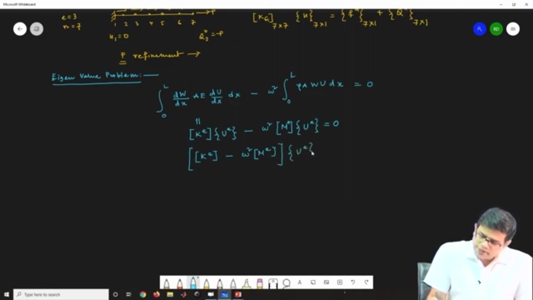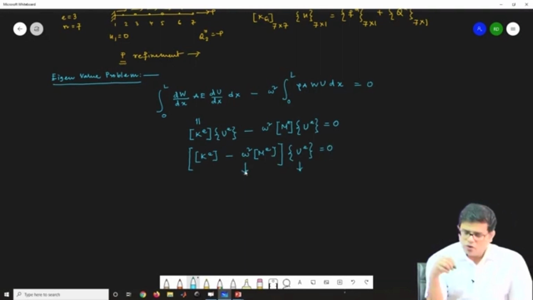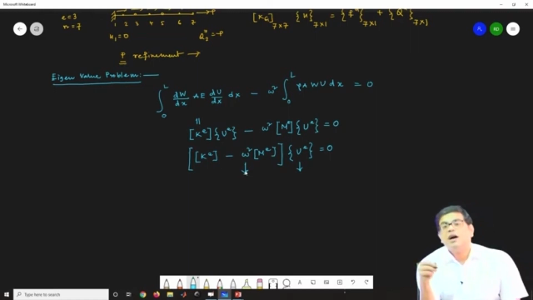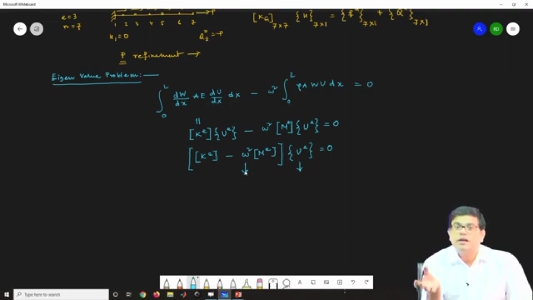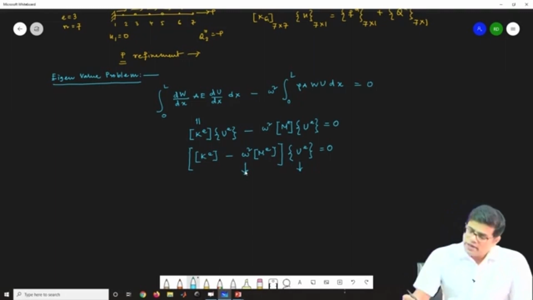Here, if you notice, this is my unknown and this is my unknown. Omega is the natural frequency and u is the mode shape. So this is a standard eigenvalue problem, A x equals lambda B x, which is a generalized eigenvalue problem.